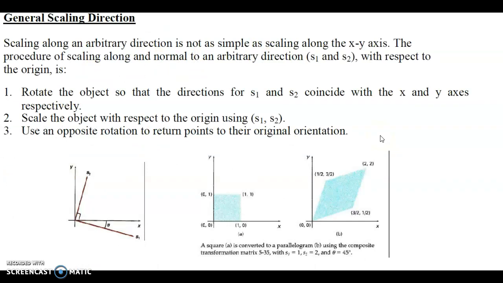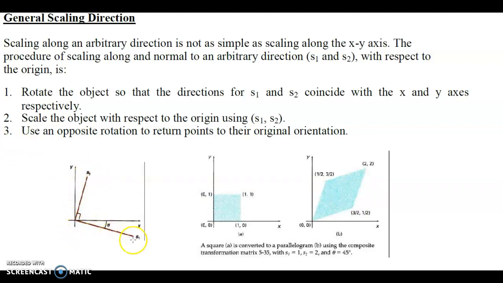There is one more thing about scaling. In general, scaling along an arbitrary direction is not as simple as scaling along the x and y directions. In the xy direction it is very easy to scale, but in an arbitrary direction we have to follow a set of procedures to bring it back to the original position.